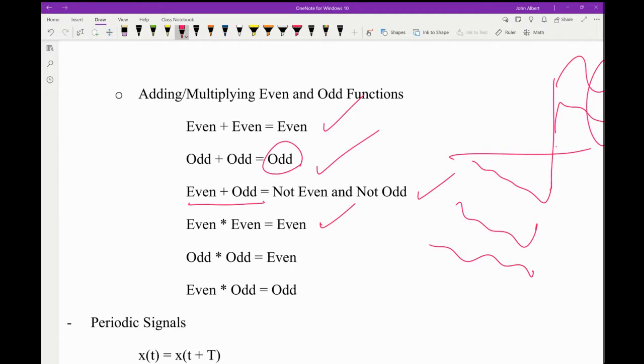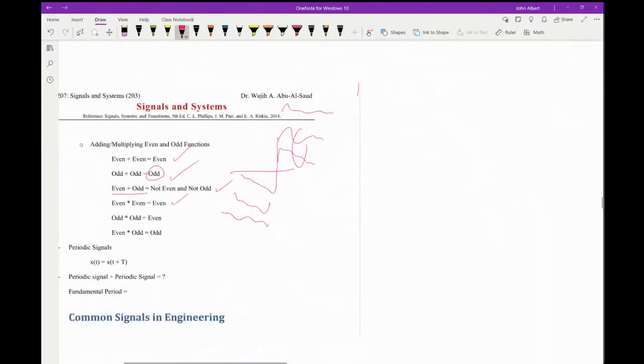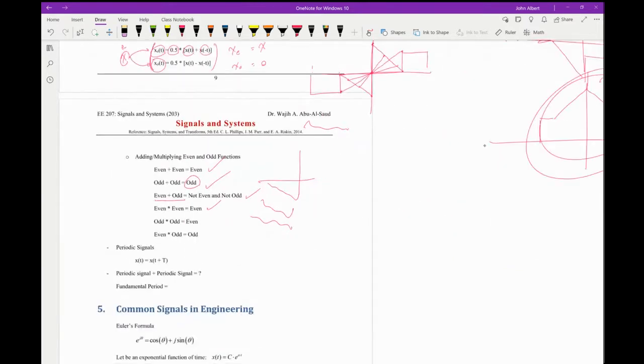Why? Because remember that, assume, for example, that one of them, I think I have this example. Okay, let me very quickly, I only have about 3 or 4 minutes. I think it's enough to mention this.